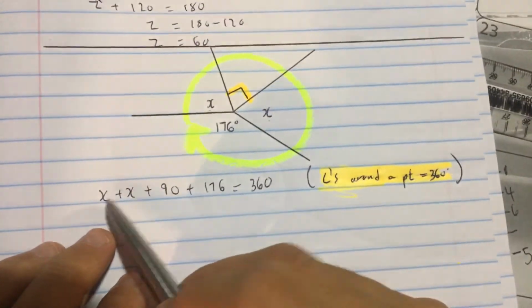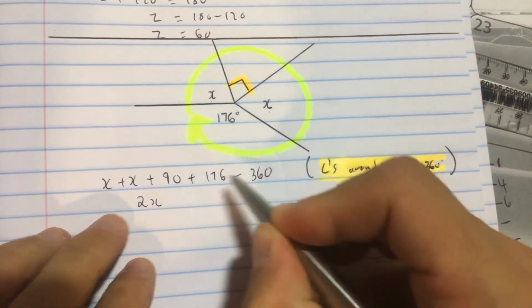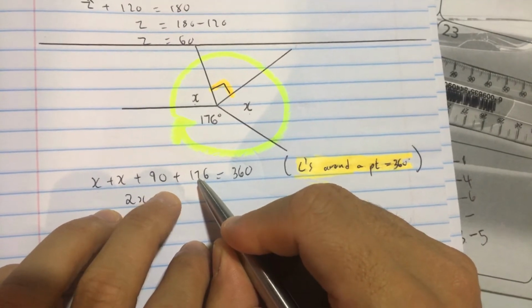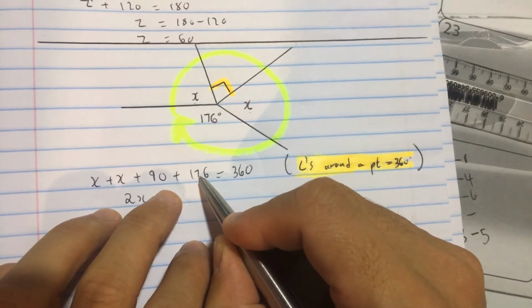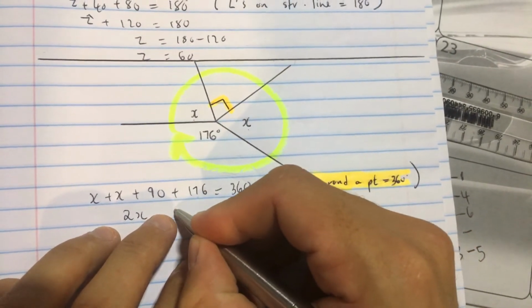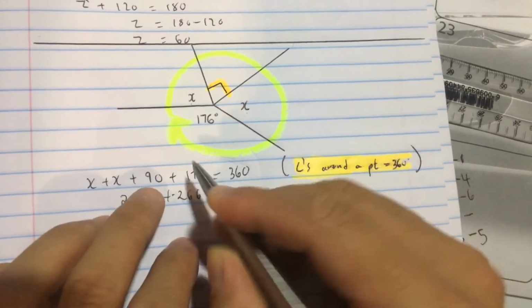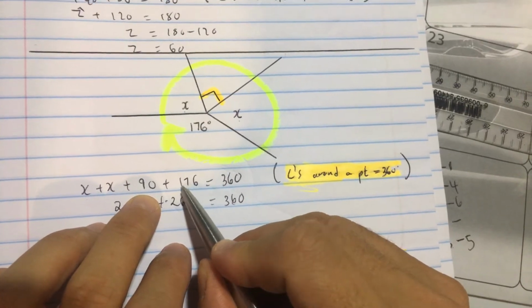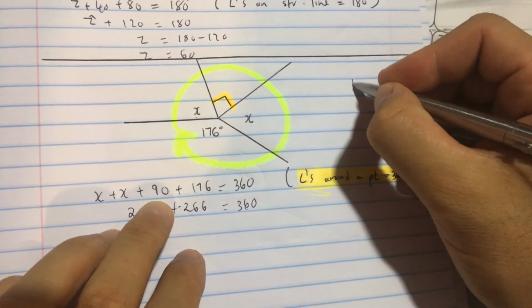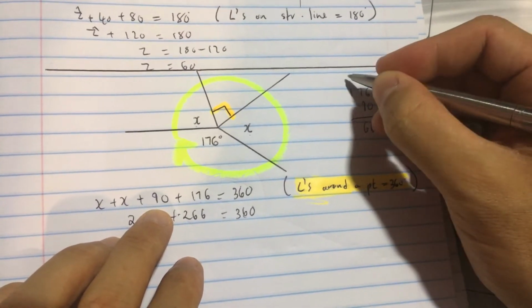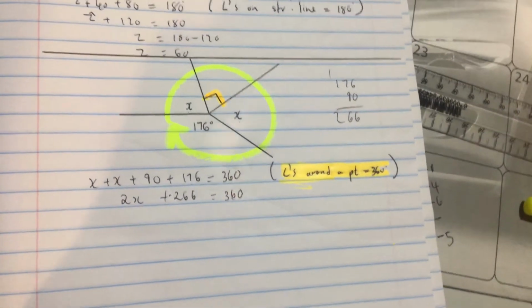Okay, now x plus x gives me 2x, and then 90 plus 176. Whew, I need my calculator. That's 266, eh? So 2x plus 266 equals 360. Let me check if I'm right: 90 onto that, yeah, I'm just making sure, guys, 266.